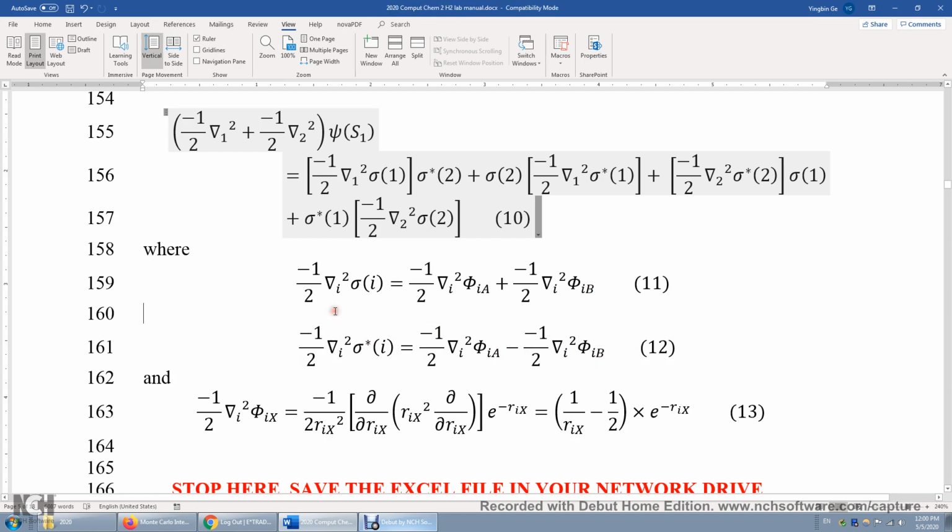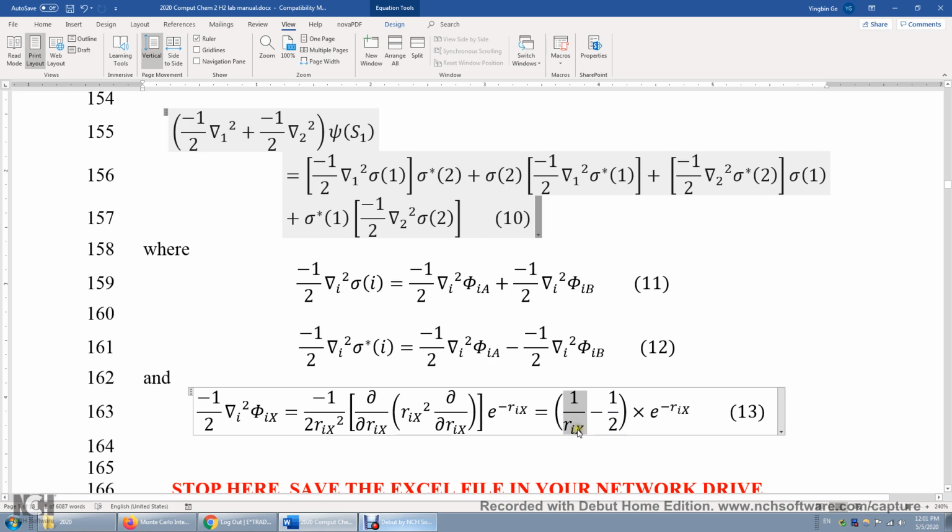If we're talking about just the kinetic energy operator being applied to an atomic orbital, it can be expanded here in this manner. And again, this derivation is complex. However, the final result is simple. It's actually the total energy, negative 1/2 for the electron in the hydrogen atom, minus the attraction term.